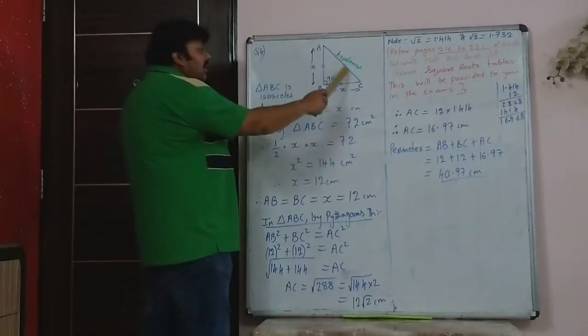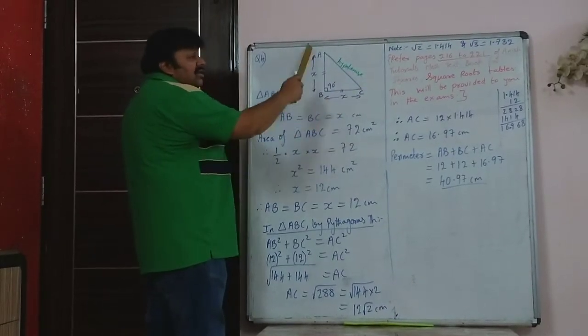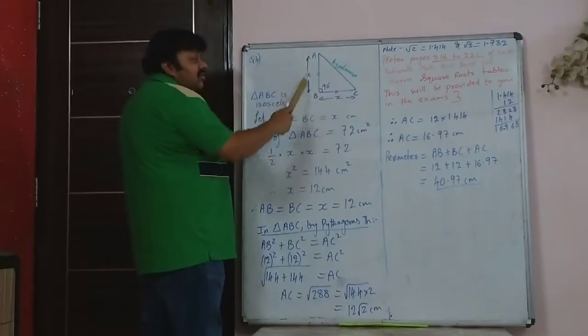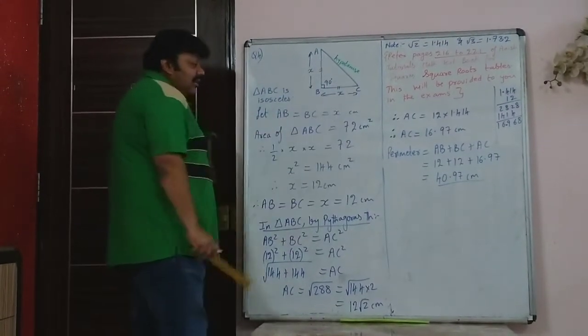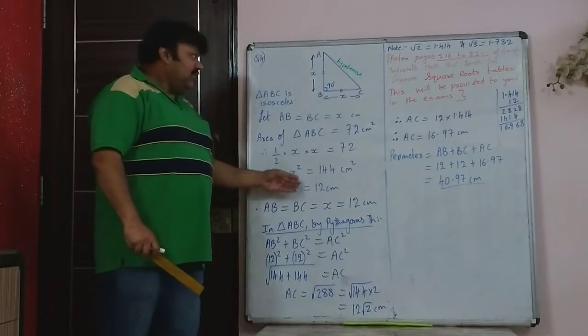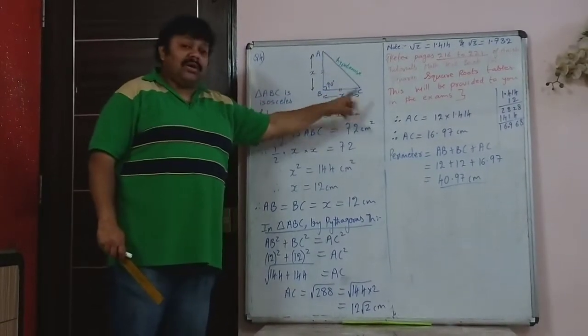So here you will have AC squared. The hypotenuse squared is the sum of the squares of the other two sides. So x squared plus x squared is AC squared. x you have just found, so 12 squared plus 12 squared is AC squared.